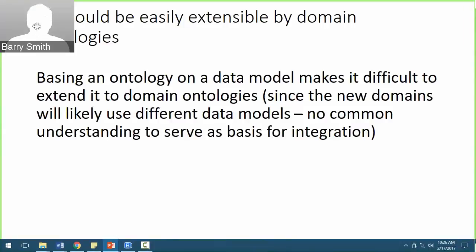Where we have common data schemas which are used across the entire community, then the ontology can reasonably be built around those data schemas. The problem is that it's very rare that you have data schemas that extend beyond one organization. People are working really hard to extend data schemas so that they have a more global reach.